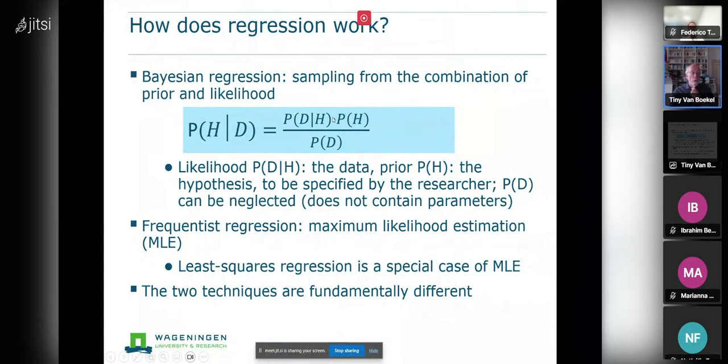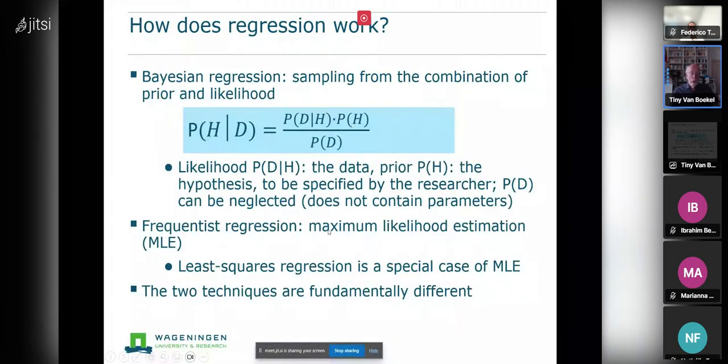And if you know those two, or if you assume those two, then you can calculate the posterior distribution, which tells you the probability for a hypothesis or a parameter given the data. This is the way Bayesian regression works. You have to specify a likelihood function and a prior, and then you can go ahead.